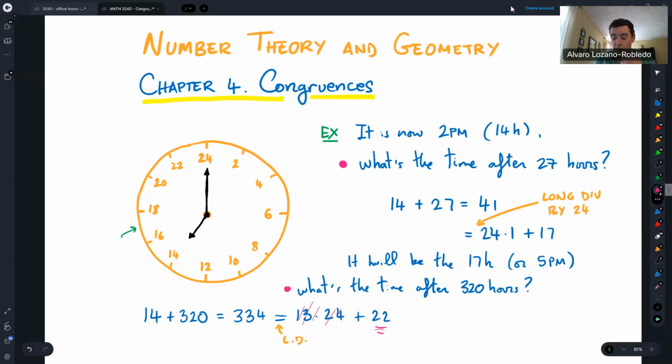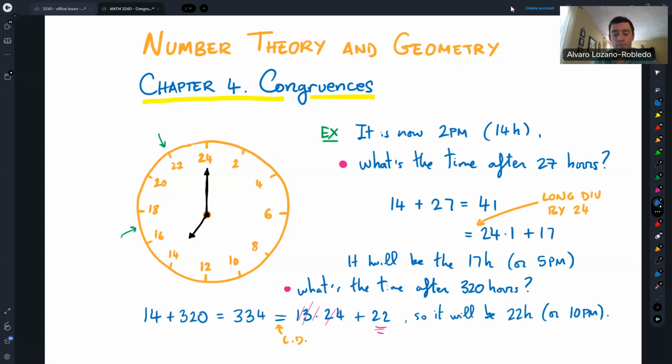What I care about is these 22. So it's the 22nd hour. And the 22 hours are right here. That is 10 p.m.